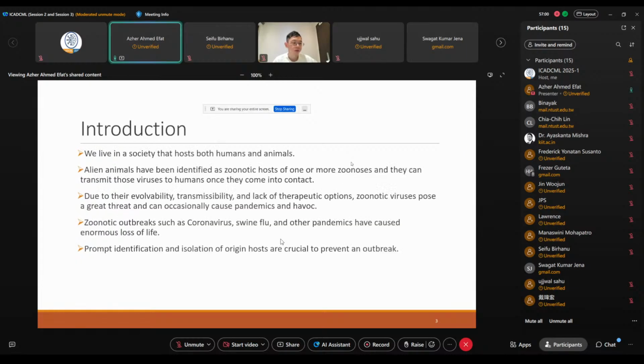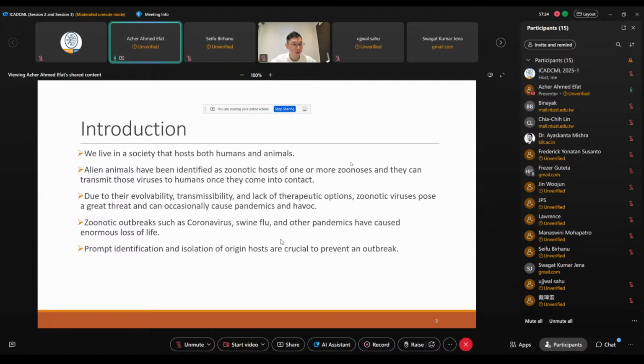We live in an environment where both humans and different kinds of animals exist all together, and these animals often contain different kinds of zoonotic viruses that they can transmit to us humans when we come into contact with them.